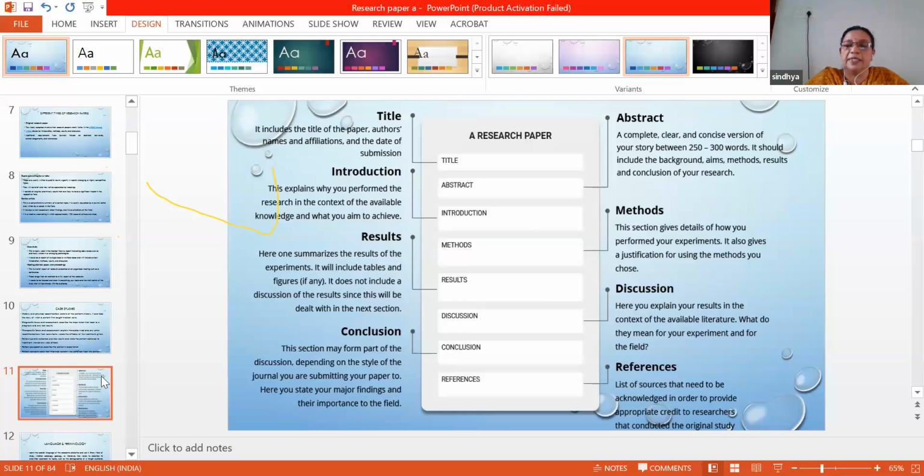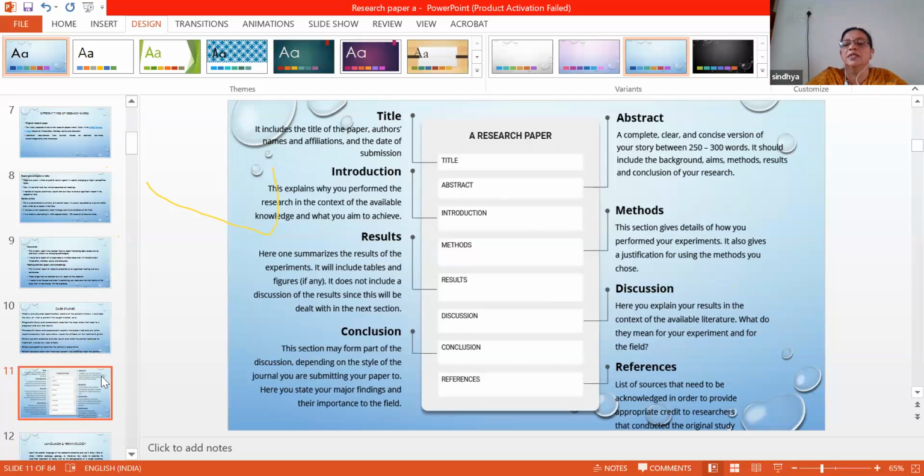And abstract. The second aspect in the research paper is the abstract. I'll explain the characteristics and details of the abstract in later slides. There must be a clear, concise, and short explanation of the research that you have undertaken during the course of time. That is to be explained within 500 words maximum.